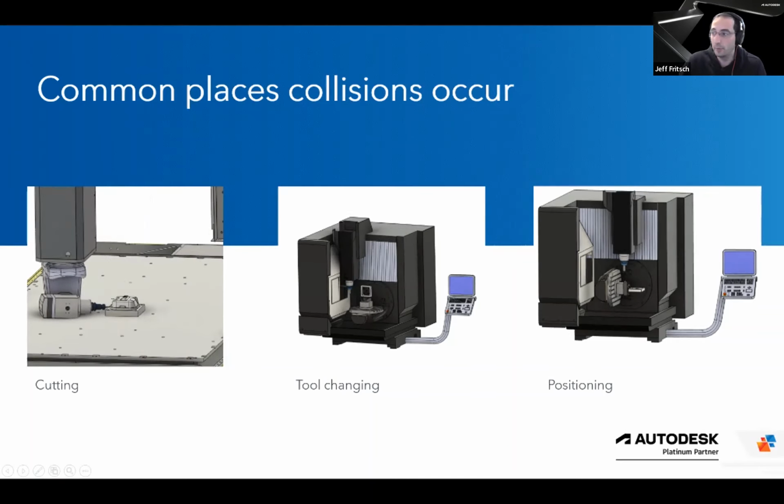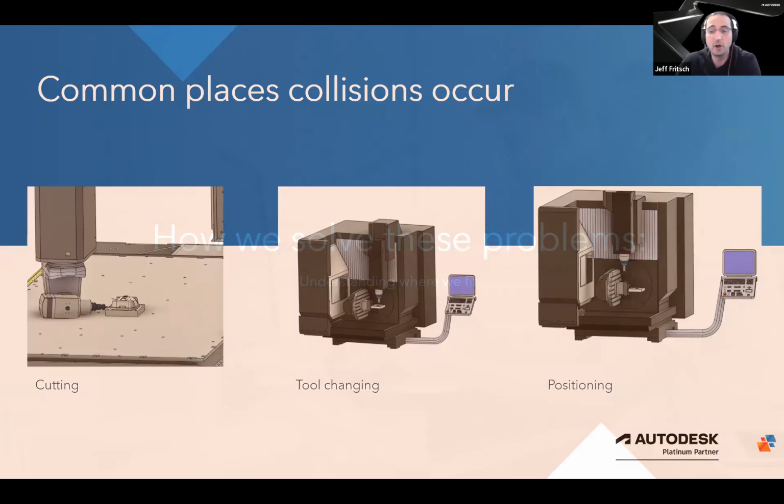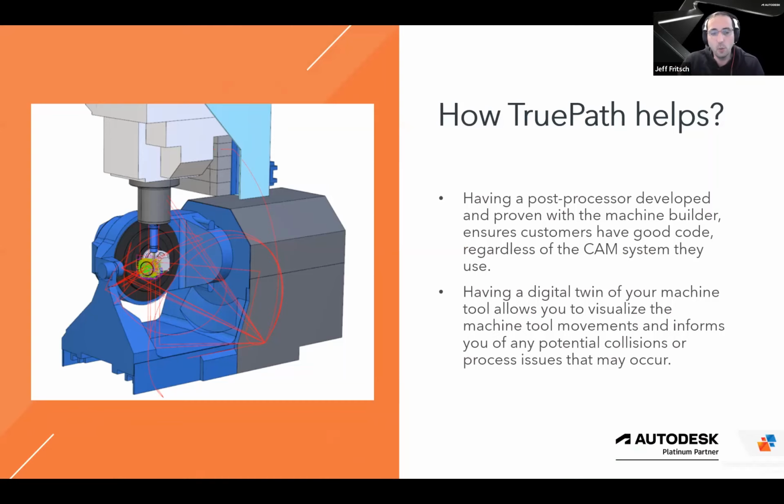And same thing with certain positions or situations: tool changing, positioning, retracts. These are all those typical situations where we do see collisions, and that's where the majority of the problems happen, not necessarily during the cutting, but more so during all of those approaches and retracts. So obviously, all kinds of questions that we're asking ourselves, and these are actual real issues that customers are facing. How do we go about solving this and really understanding where we're fitting into that overall picture?